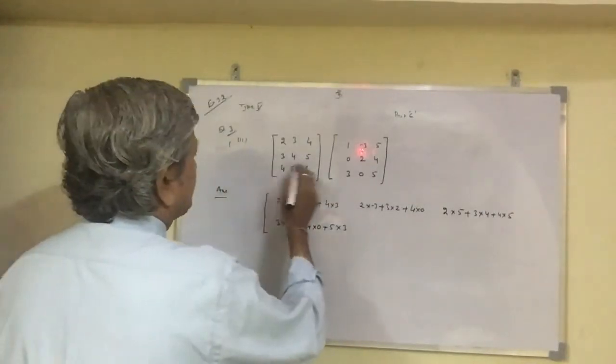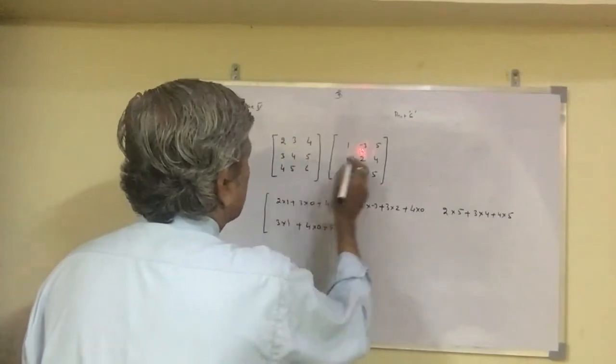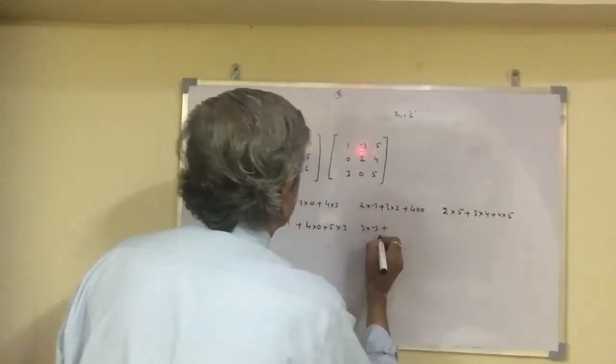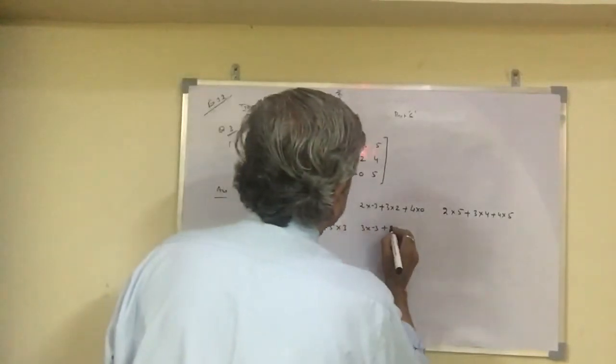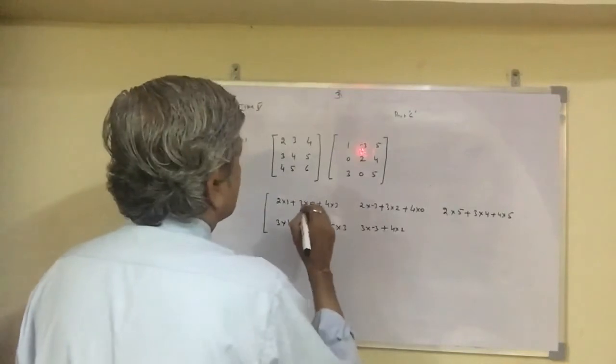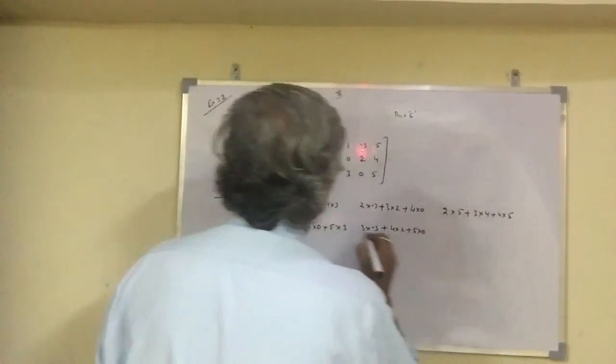Then second row with second column: 3 into minus 3 plus 4 into 2, then 5 into 0.